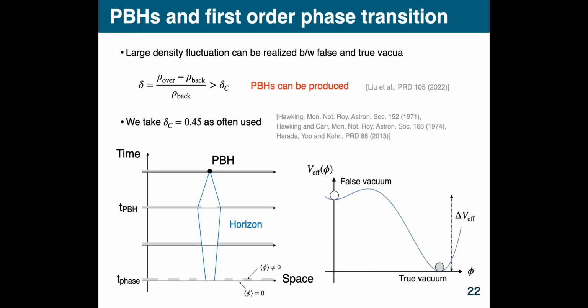And if the density fluctuation satisfies this inequality, then this region can collapse into a primordial black hole. So this is the PBH formation mechanism by using the first order phase transition.